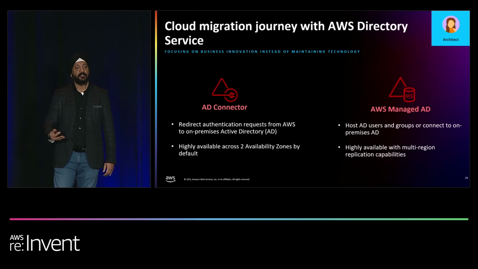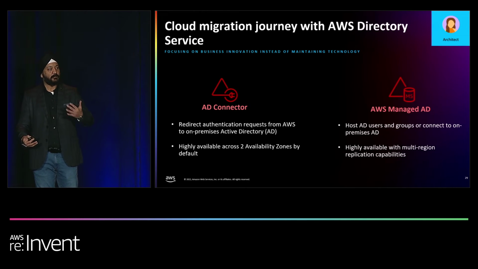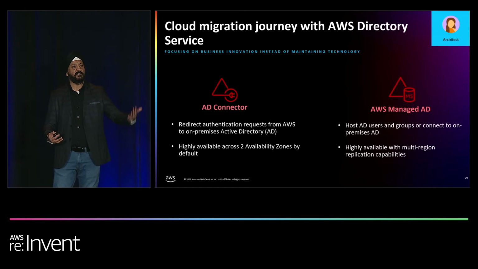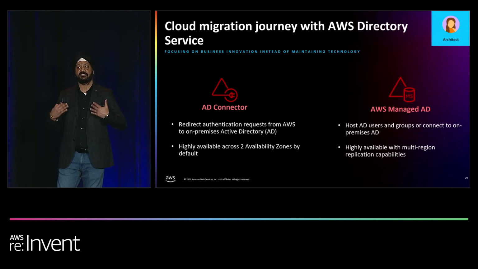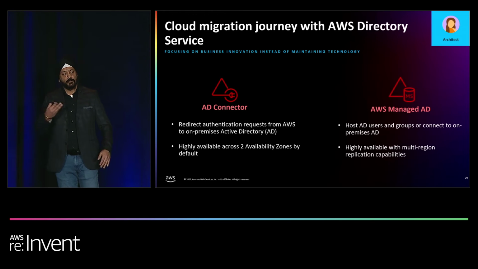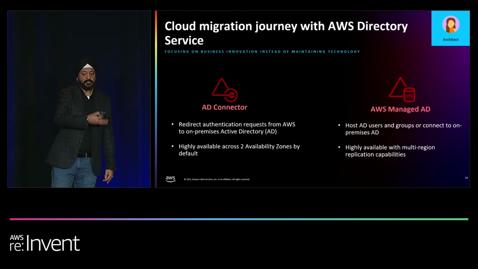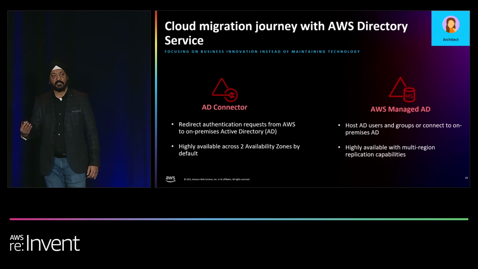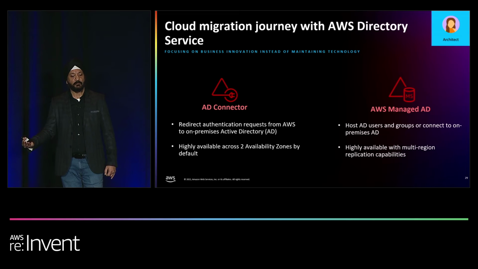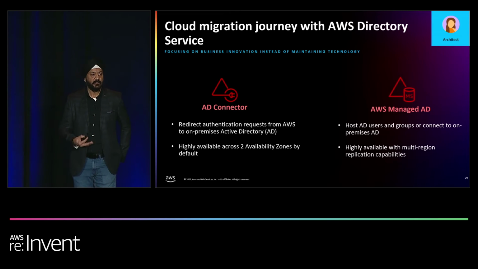And when I say on-prem, it may be running literally on-prem on bare metal, or it could be running on some virtual machine or on EC2. The point is, it's a self-managed AD. So using AD Connector, you can redirect the authentication for AWS services for the users to your on-prem, self-managed AD. Again, highly available infrastructure on the AD Connector side, but that's one option.